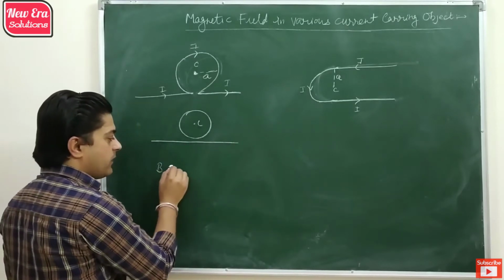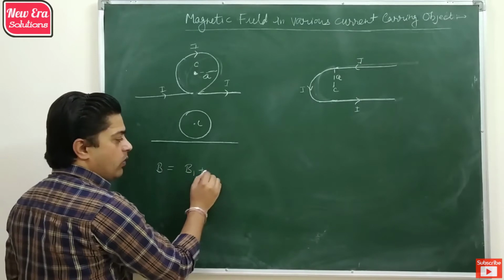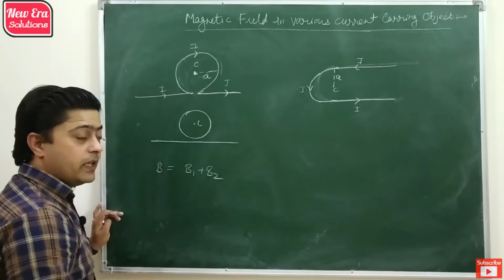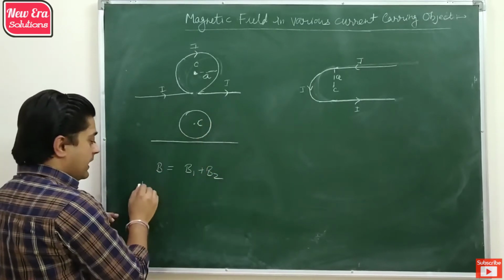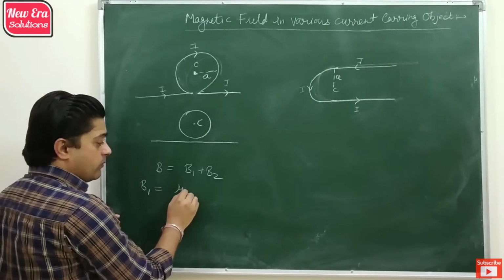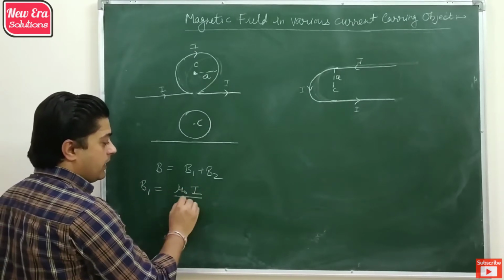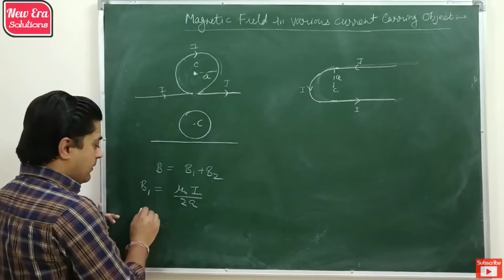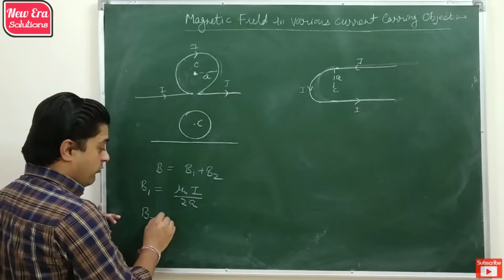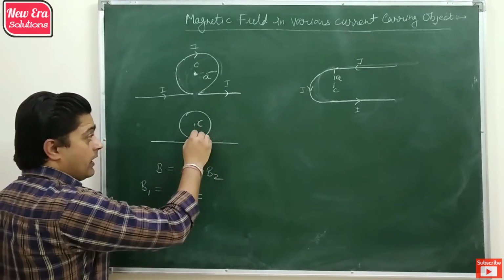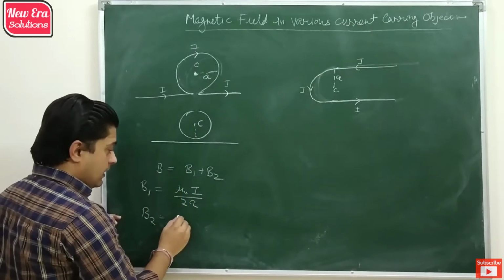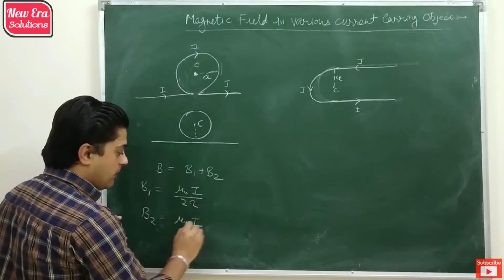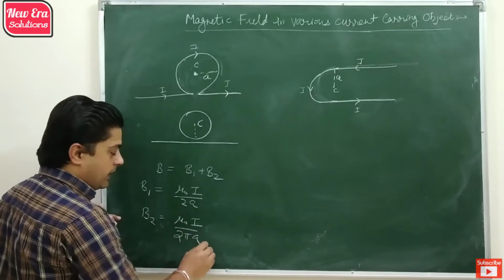Then the magnetic field is again the sum of these two magnetic fields. The magnetic field due to the circle is mu naught I by 2a. Then the magnetic field due to the infinitely long wire at center C is mu naught I by 2 pi a.